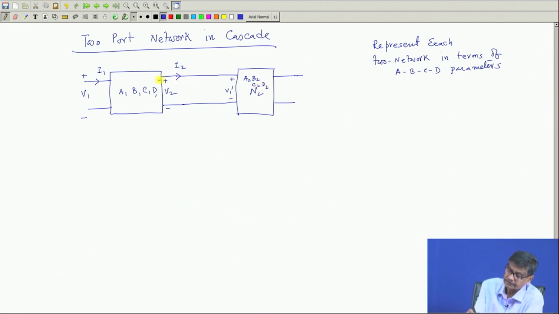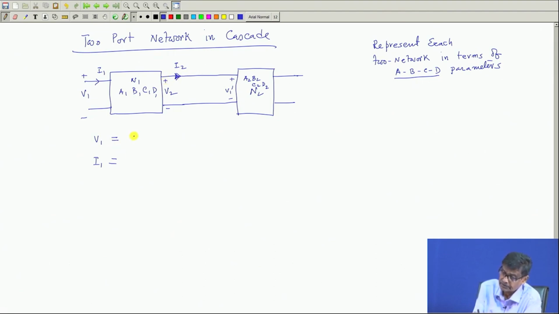Now, so far as the first network is concerned, we know that for ABCD parameters we have input parameters V1, I1, and since I will be writing the ABCD representation, the I2 direction I have reversed, as we have been doing all the time.